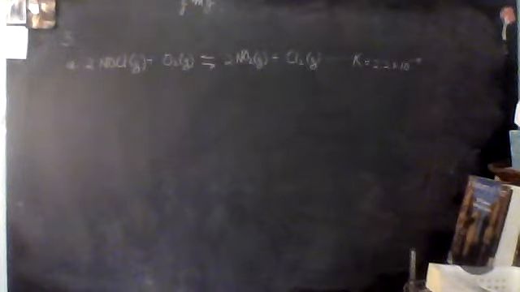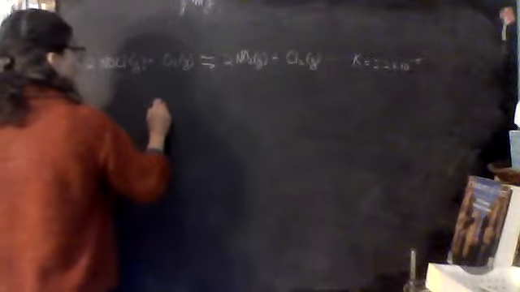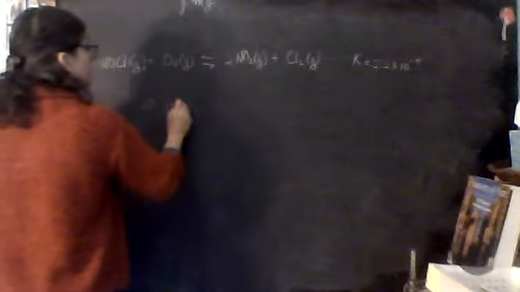So you don't need to worry here about the units of K. You only need to worry about the value of the digits. We're looking at 2.2 times 10 to the negative 5. How close is that to 1? It's very small, much less than 1.